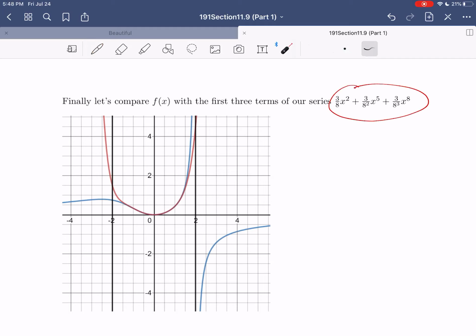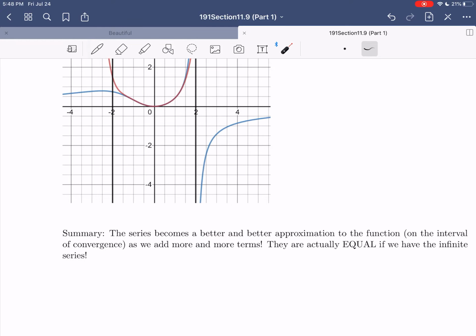And you will see that this time it is very good as an approximation until very close to -2 and until very close to +2. So in other words, what's going on here is that as you extend that infinite polynomial with more and more terms, it becomes a better and better approximation. It doesn't approximate f of x everywhere, but it becomes a better and better approximation on your radius of convergence, which in this case was from -2 to 2.